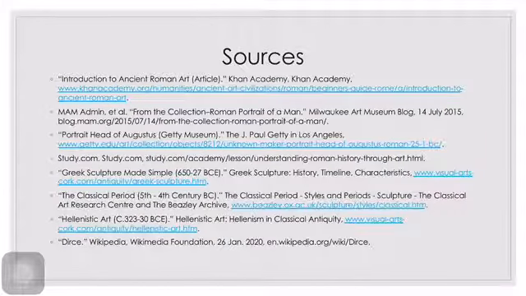And this slide shows you all the sources that I used for my project. If anybody is interested, you can click on it.